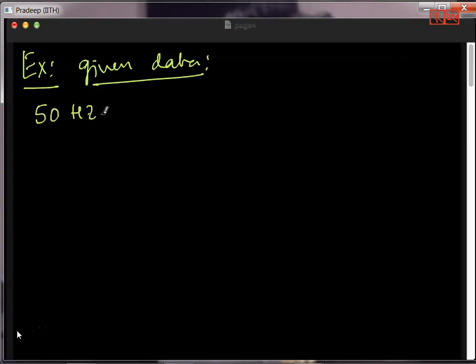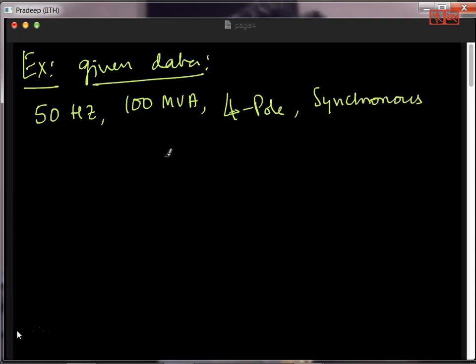So the given data is like this. 50 hertz, 100 MVA, 4 pole synchronous generator has an inertia constant.